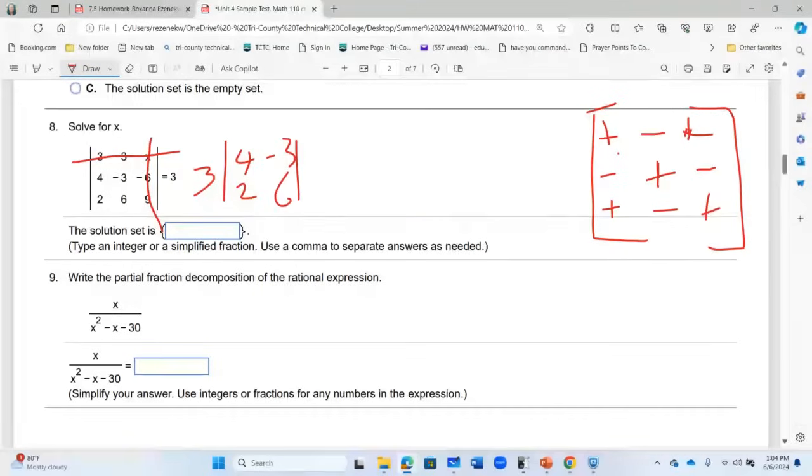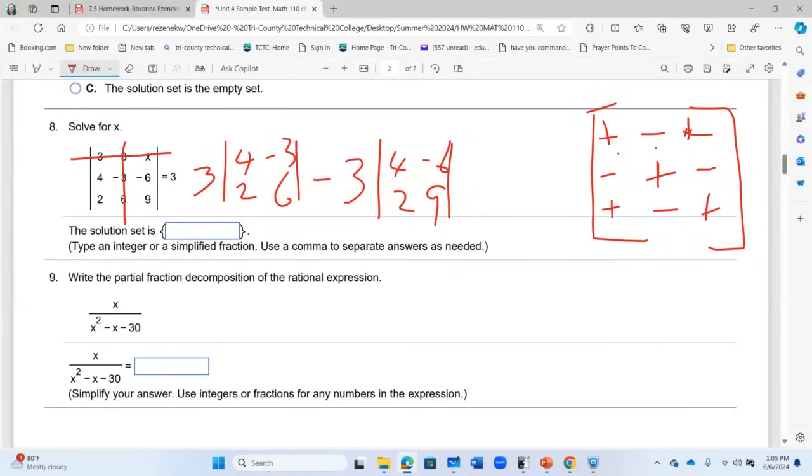And then the next one is going to be negative 3, and the matrix for the second one is going to be this and that. Minus 3 is where I have, so now I'm going to write the matrix in that minus. I have 4, minus 6, 2, and 9.